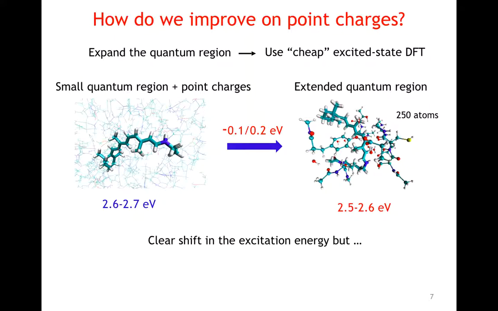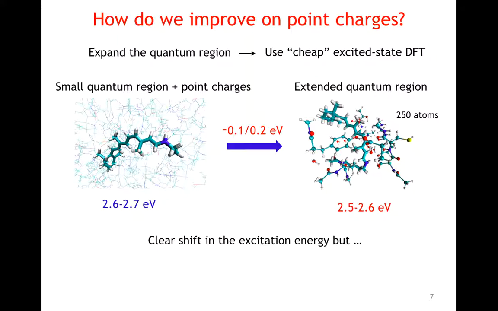So in this case, we want to try to see if we actually improve the environment going from a small quantum region limited to the chromophore surrounded by point charges, to a more broad quantum region, all treated at the time-dependent density functional theory level.